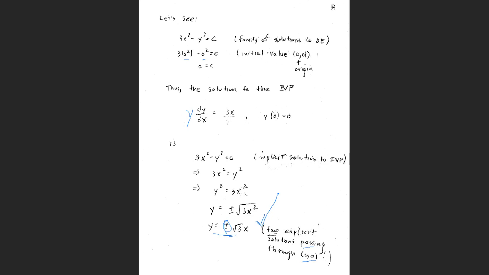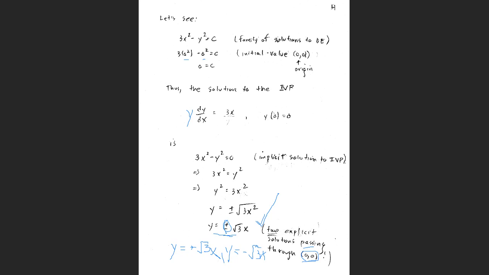In other words, y equals plus root 3 times x, and y equals negative root 3 times x. Both work. They both satisfy the initial condition.